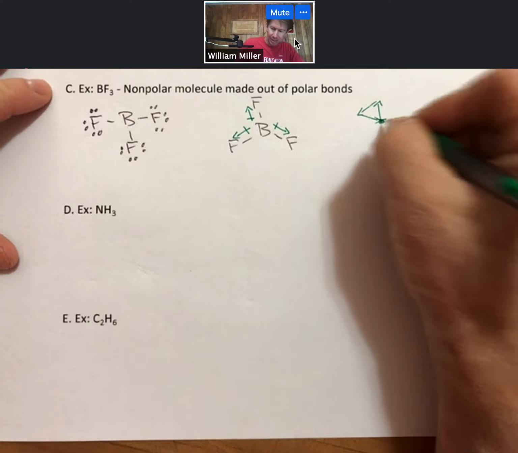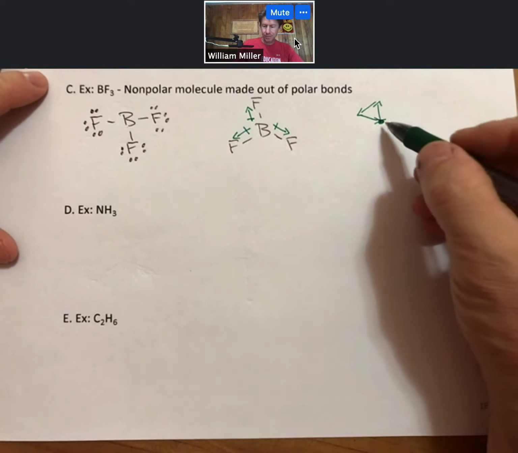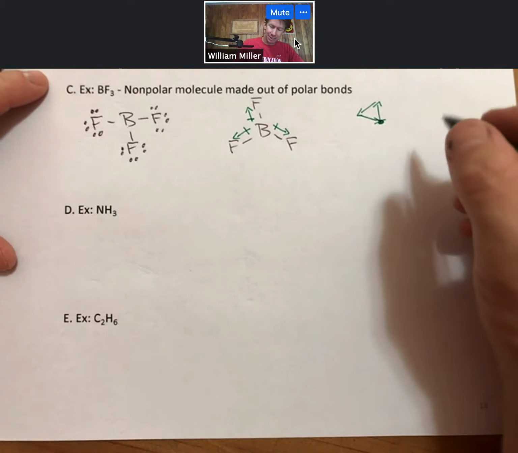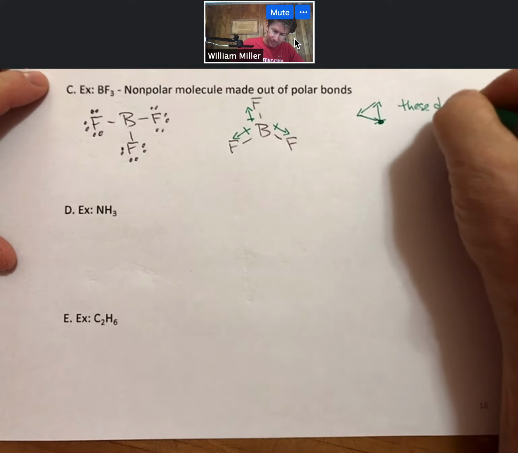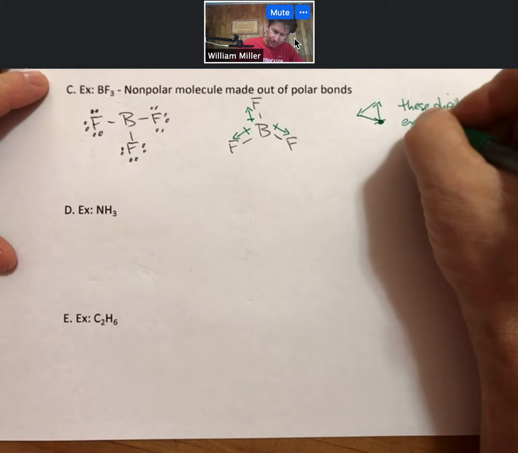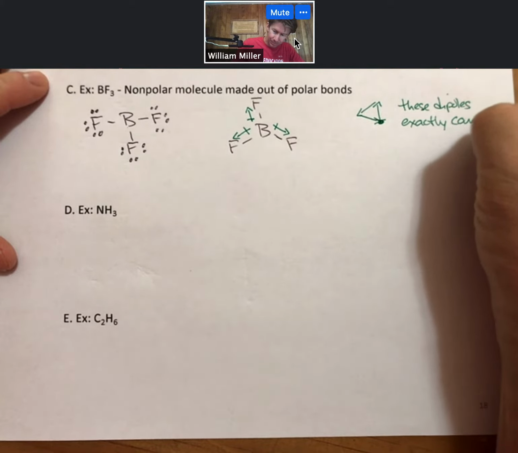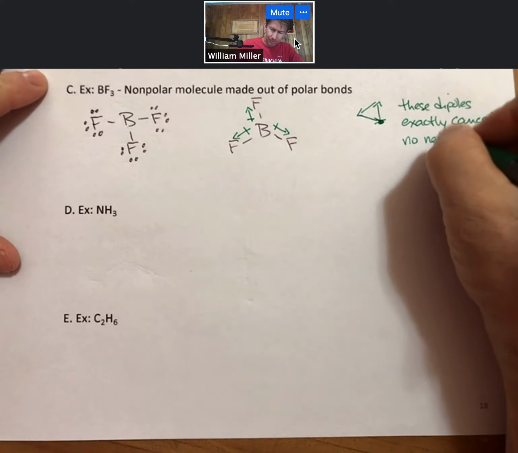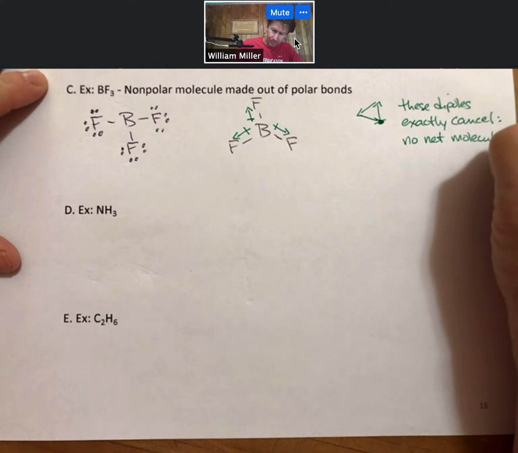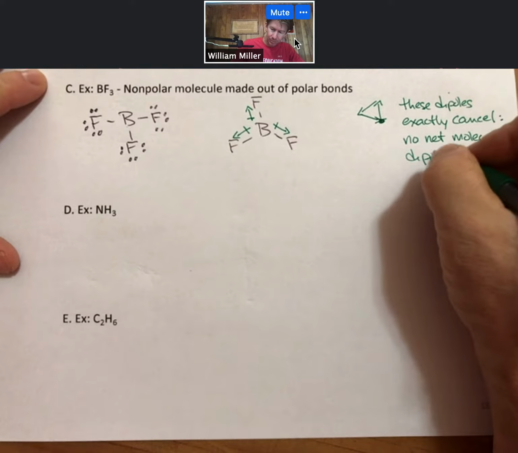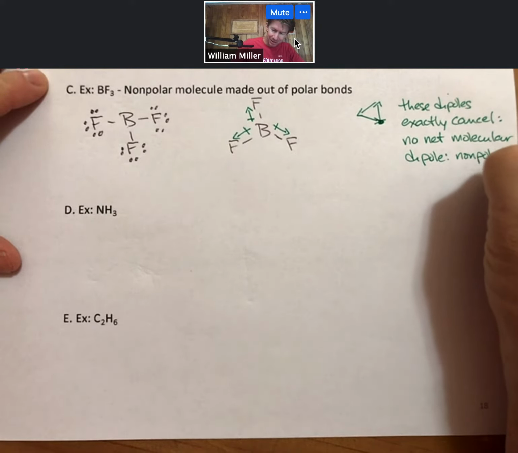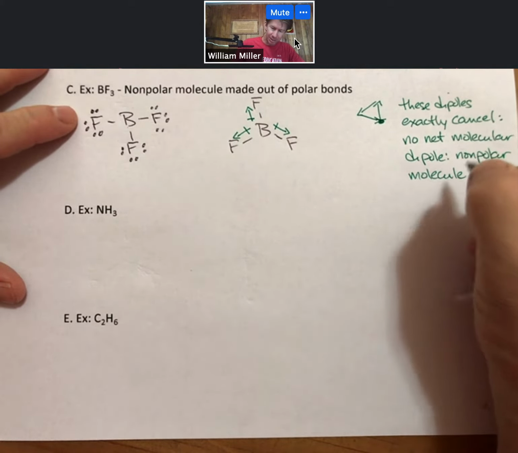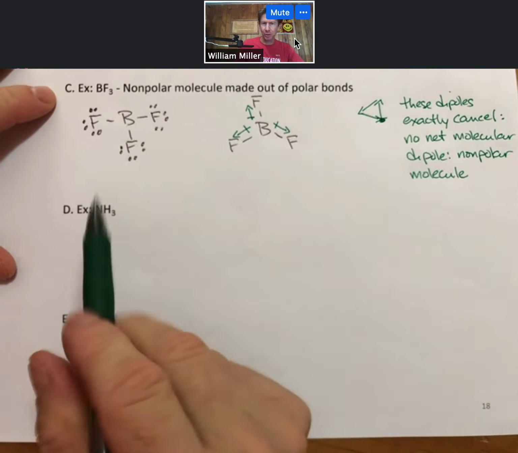We actually get back to the beginning. So 3 dipoles that go back to the beginning means that these dipoles exactly cancel. No net molecular dipole. Nonpolar molecule. Which I know it says right here, it is a nonpolar molecule made out of polar bonds.